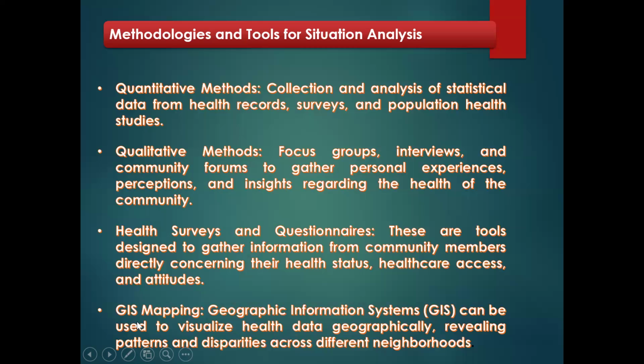Then you can look at GIS mapping. That is not a geographic information service. It's an application or a system that can be used to visualize health data geographically, which will help in revealing patterns and disparities across different neighborhoods. An example is local or seasonal mapping.